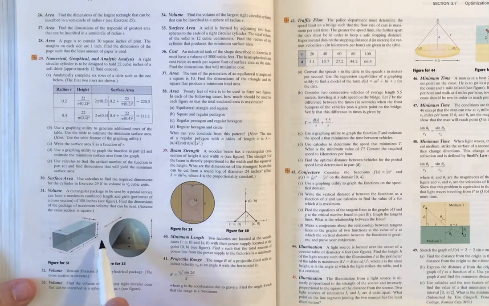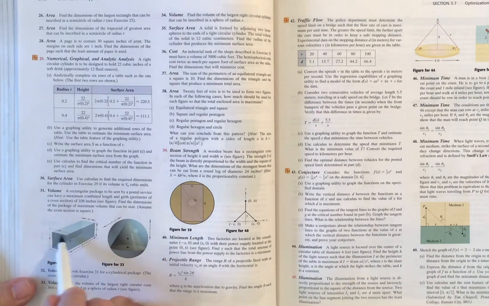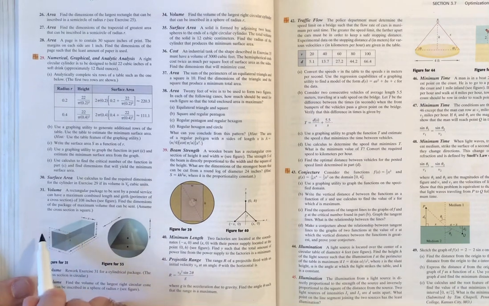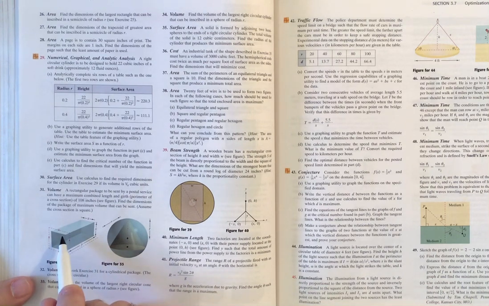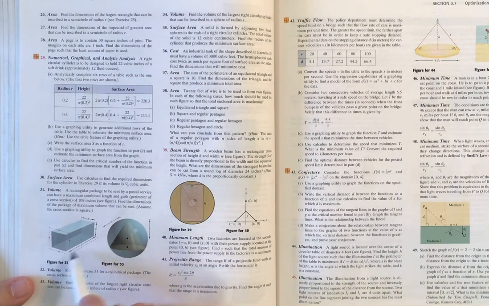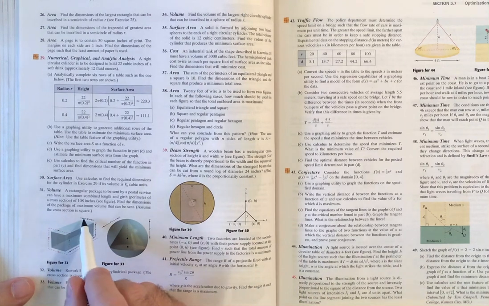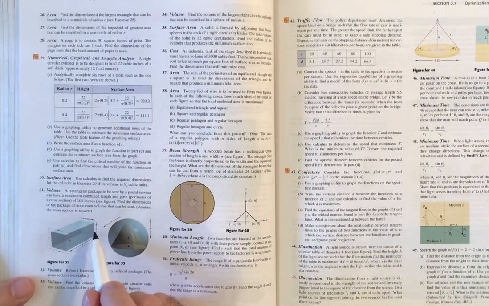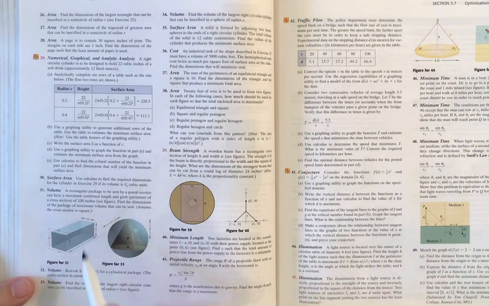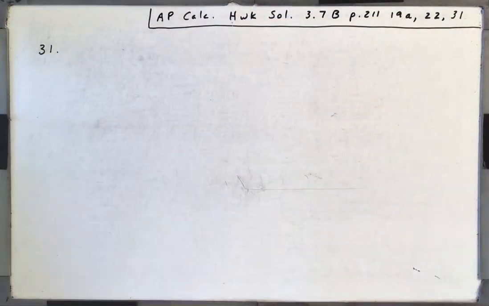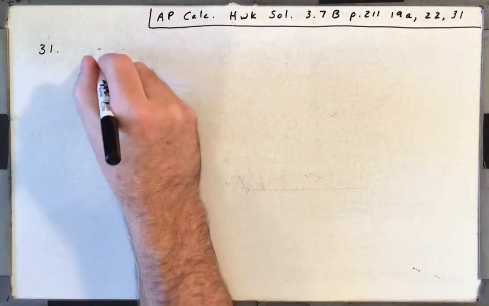So the girth is going to be 4x, right? The girth is 1, 2, 3, 4. You follow just that red. So 4x plus y. And then the volume is going to be x times x times y, so that would be x squared y. So those are our two equations.